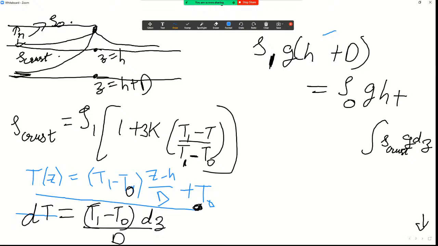One person's asking how he found dt. So we have this expression of T of z from boundary conditions, and we just differentiated with respect to z.